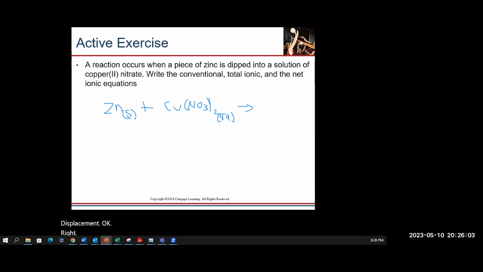Technically you would have to look at the metal activity series to see if these 2 react. I'm assuming that you wouldn't put 2 things that don't react for this.